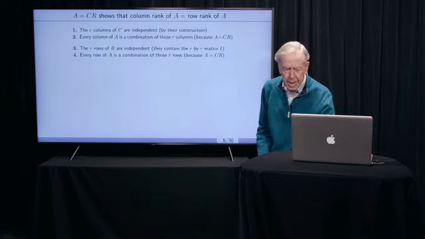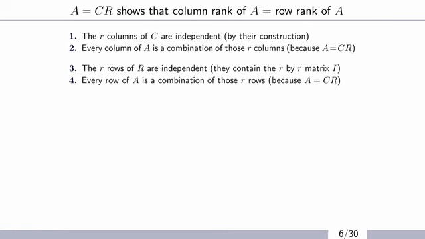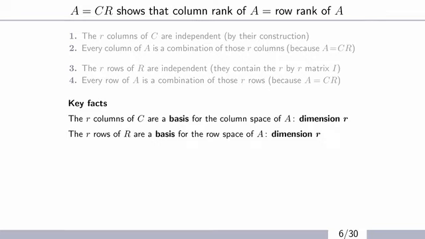And the point is that that's telling us, and we just checked that those 2 columns were independent, the 2 rows are independent, they're the basis, and then we learned that the column space has dimension 2, R equals 2 for this example, and the row space has the same dimension.